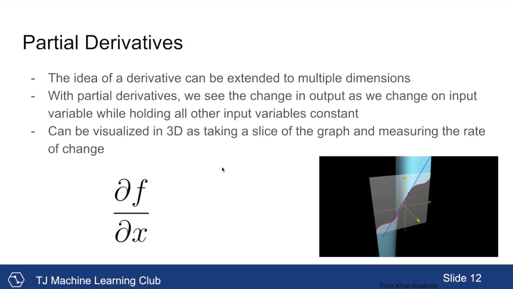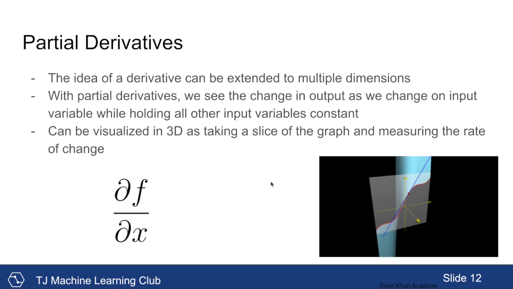Okay, and we can basically extend this idea of derivatives to multivariable functions, where the output depends on more than one input, right? Here we have 2 independent variables like x and y, and then the output variable could be z. And with partial derivatives, we end up asking the same exact question as before, but since we have multiple input variables, when we are calculating the tangent line, you hold all the other variables constant.